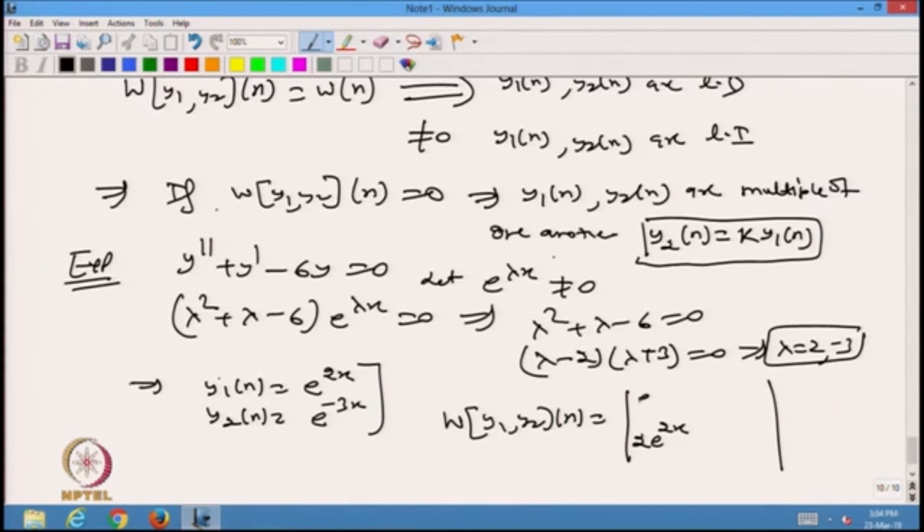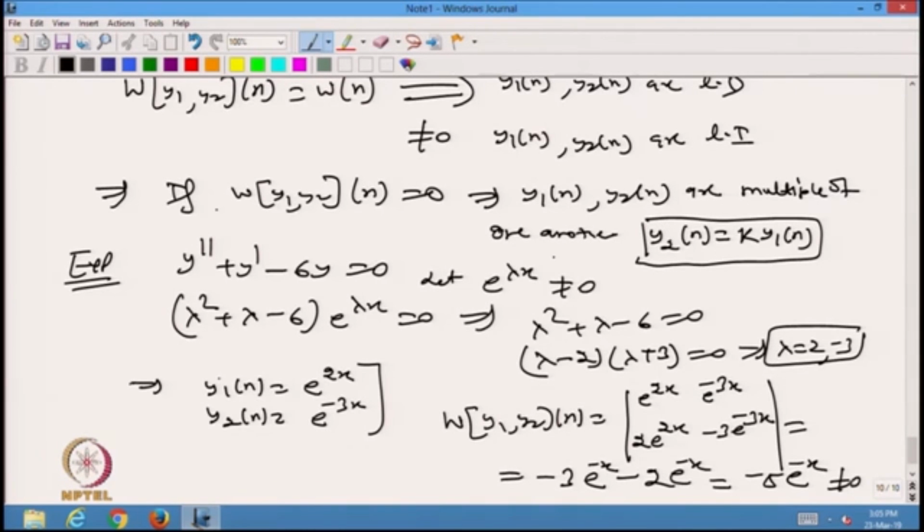So, it will be -5e^(-x), which is never equal to 0.